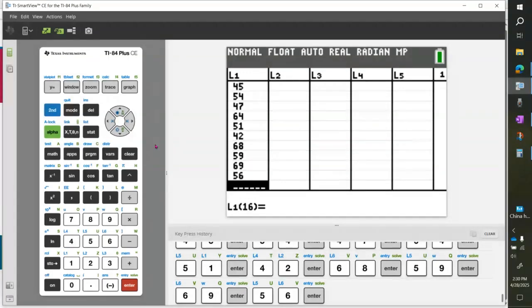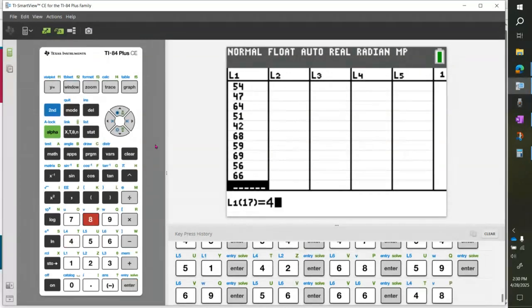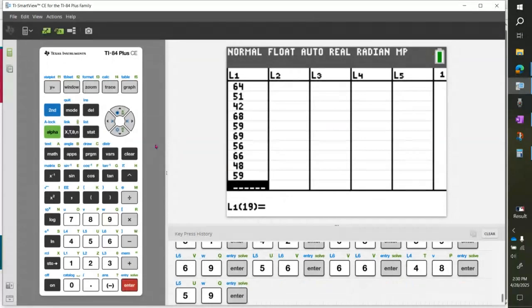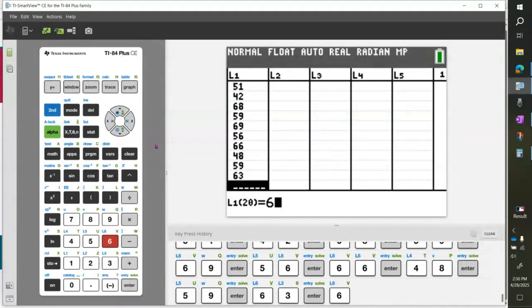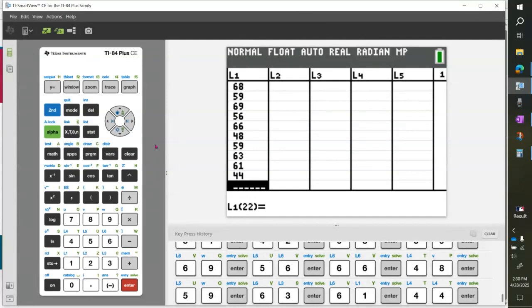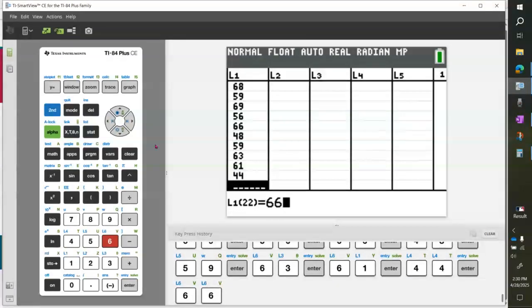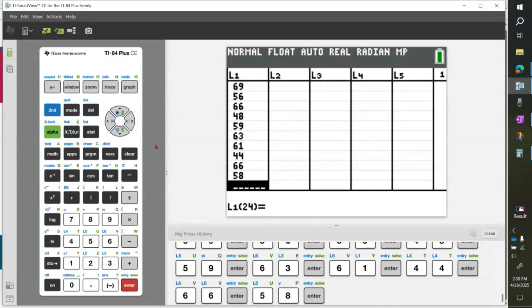And then we have 66, 48, 59. And then we have 63, 61, 44. And then we have 66, 58, 68.